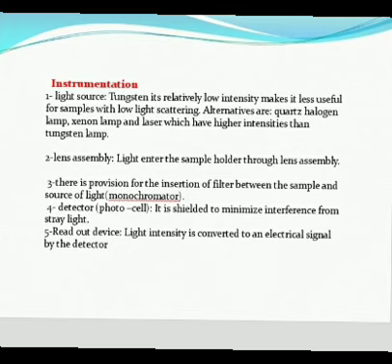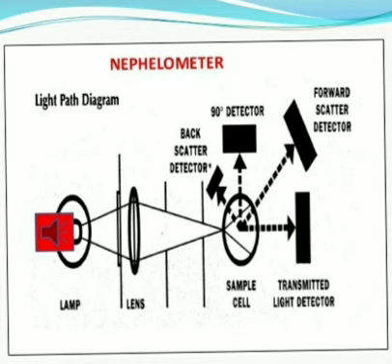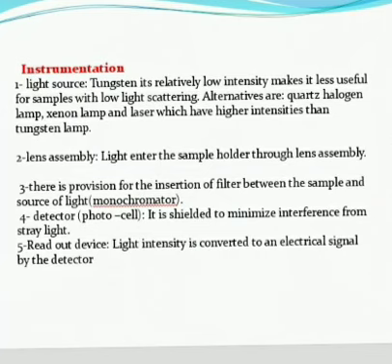In nephelometry, a mercury arc or laser is generally used as the light source, or a tungsten lamp or xenon lamp is also used. The detector is fixed at 90 degrees to the primary beam.